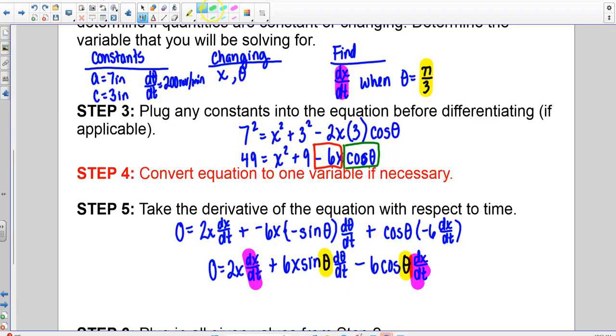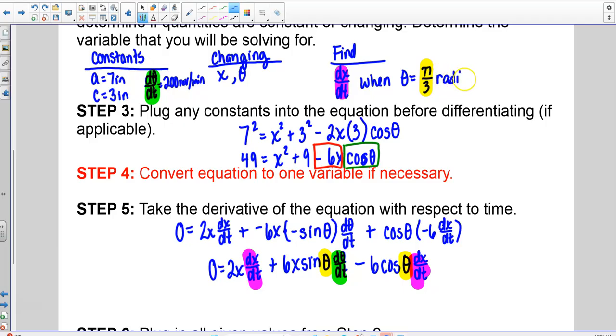I sort of know d theta/dt. Sort of. But how did I measure my angle for theta? That pi over 3, what are we assuming that's measured in?